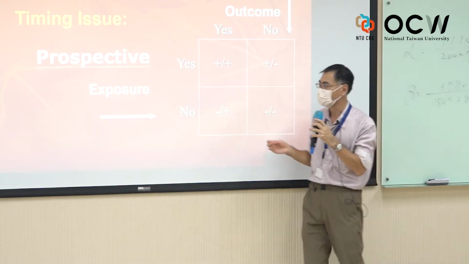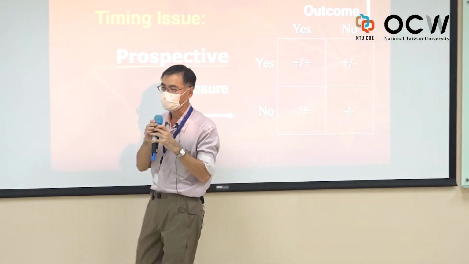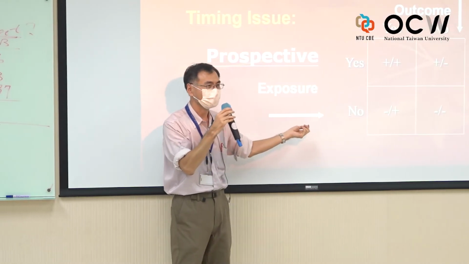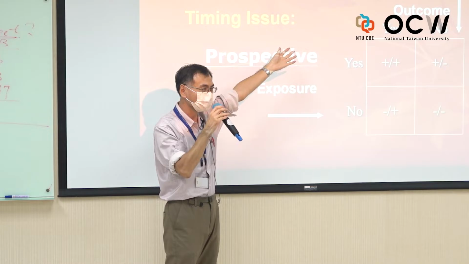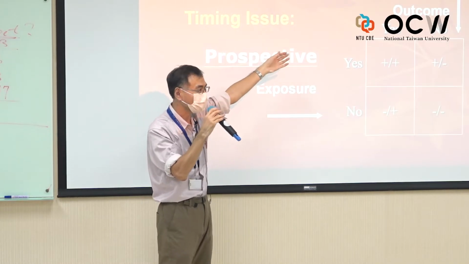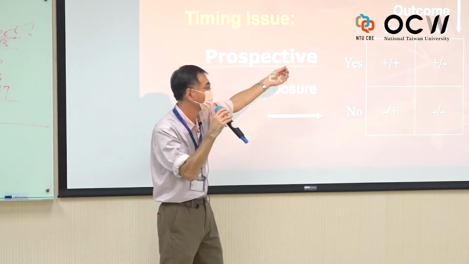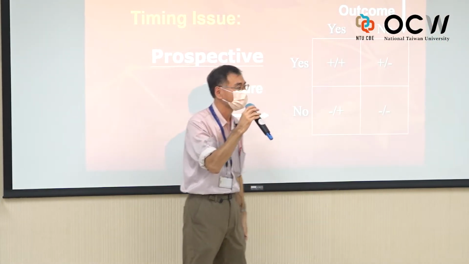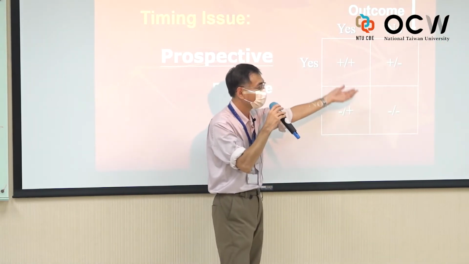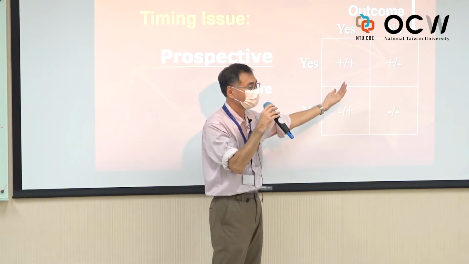So I would suggest you call them the exposed group versus the non-exposed group in cohort study, to make it clearer that in case control study, the cases are the ones with the disease, and the control group is the ones without the disease. Okay, and then we could check what happened for the exposure previously.